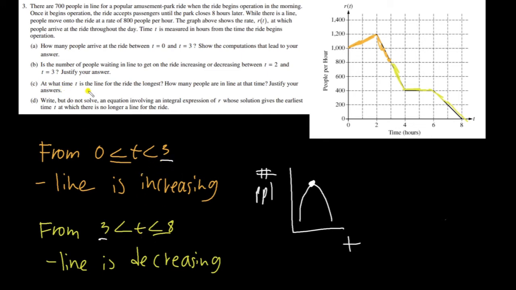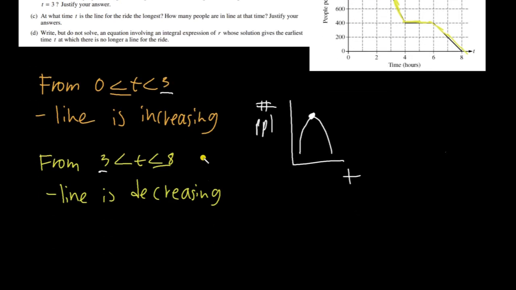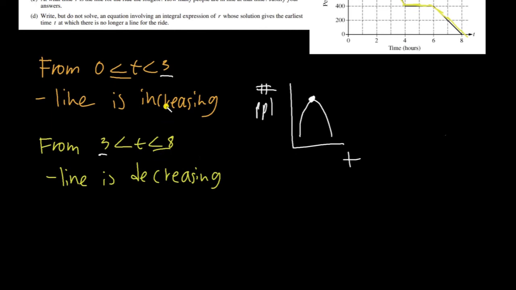So at what time t is the line for the ride the longest? That's at t equals 3. And now all we've got to do is figure out how many people are in line at that time. Okay? And to do that, let's think about how we know how many people are in line. That's going to involve 3 different factors. So we're going to have the initial number of people, and then we're going to add the number of people who enter.